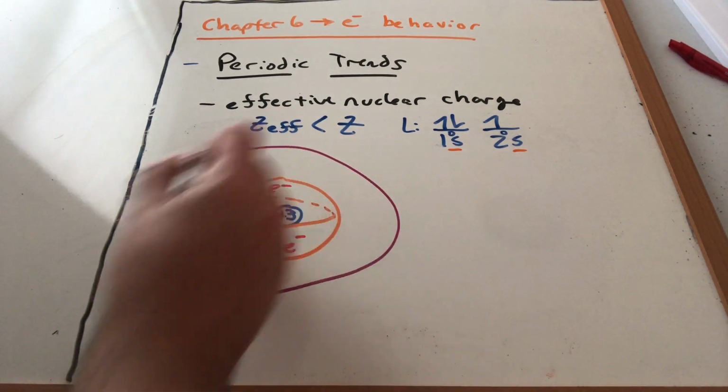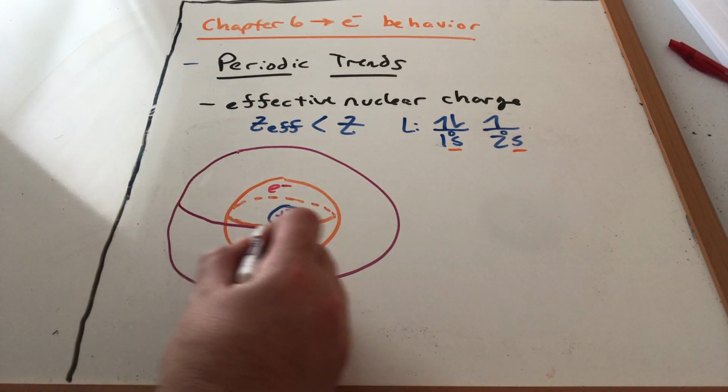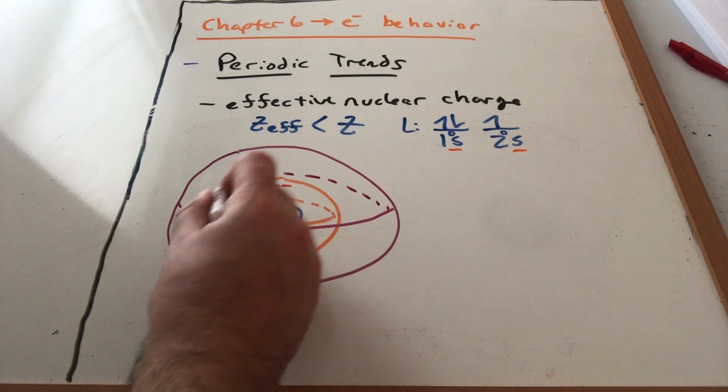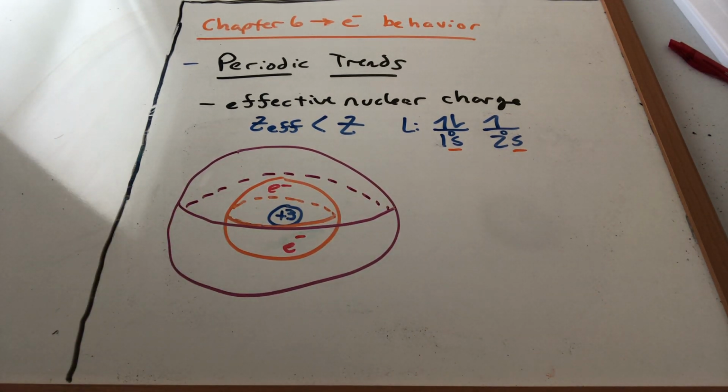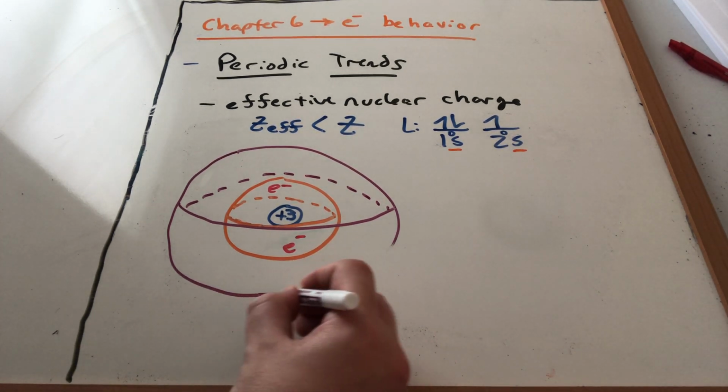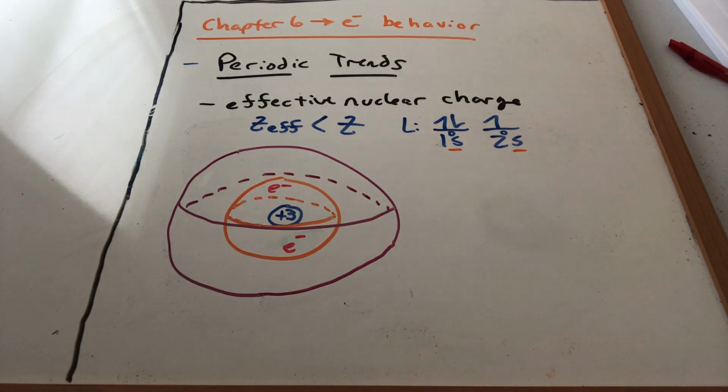The 2s electron lives in this spherical region because it is an s, but it lives further away because it has a higher n. So here I'll draw the 2s electron in black.